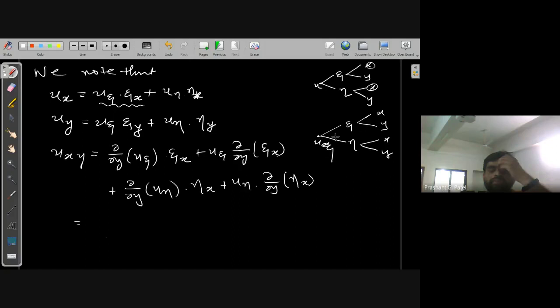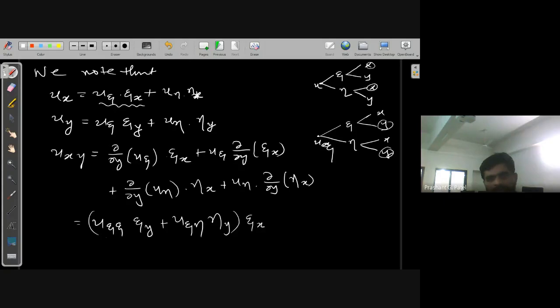Now here, it is u xi. So u xi is a function of xi and eta, which are functions of x, y. So you have two paths here, that is u xi xi xi y plus u xi eta eta y, and this should multiply with xi x plus u xi, this I can write as xi xy.